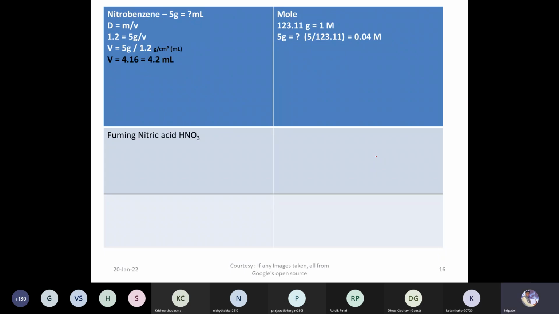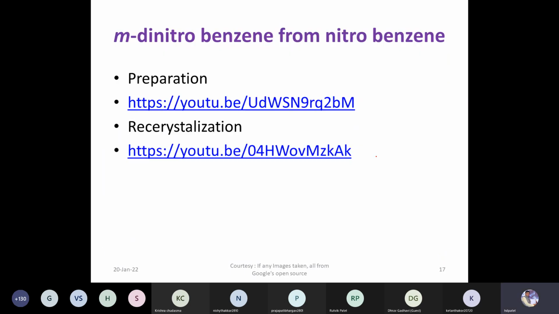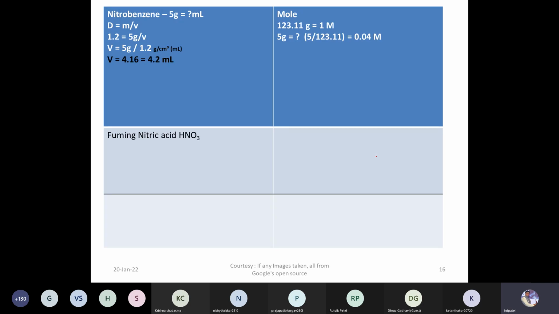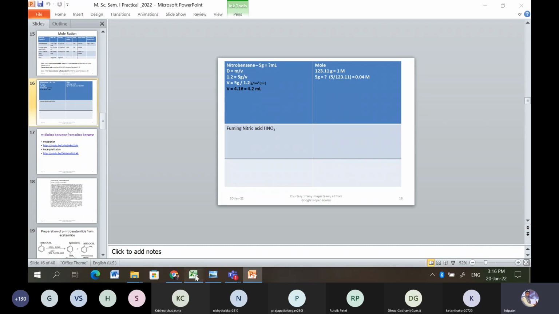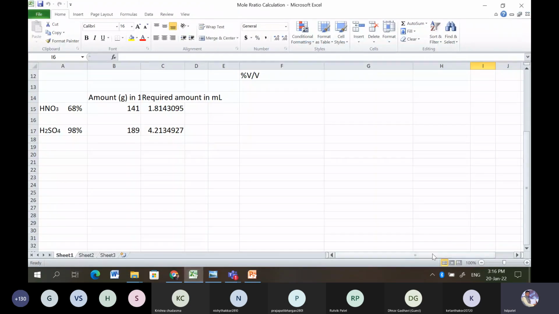Here I have given the calculation directly, but I am going to show you how to calculate. I have prepared an Excel sheet to show you how to calculate the mole ratio.